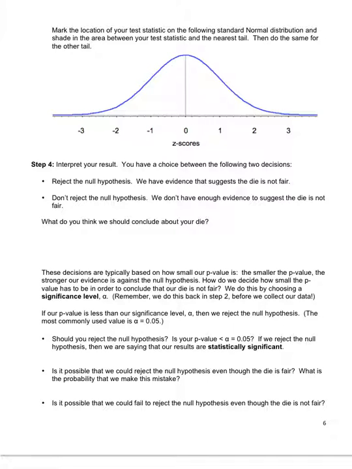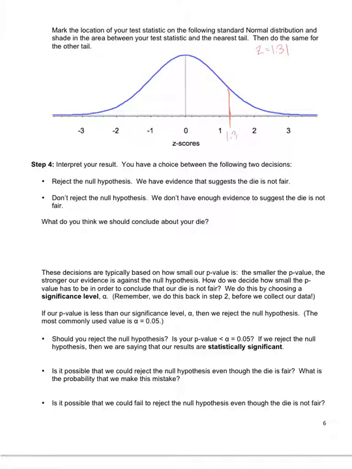Okay, so next step, we're going to mark the location of our test statistic on the following standard normal distribution and shade in the area between our test statistic and the nearest tail. Then do the same for the other tail. So remember, our test statistic, our z-score, was 1.31. So that's roughly about there.